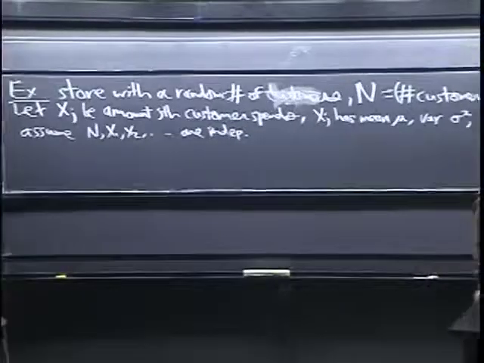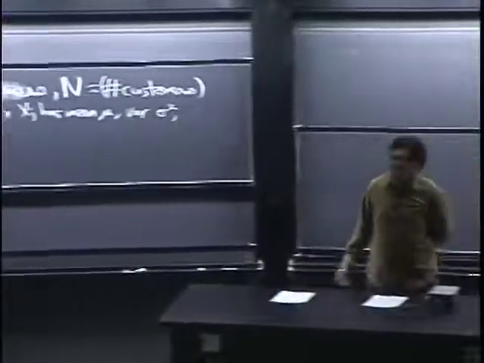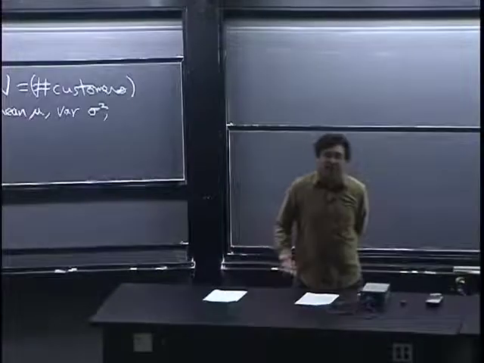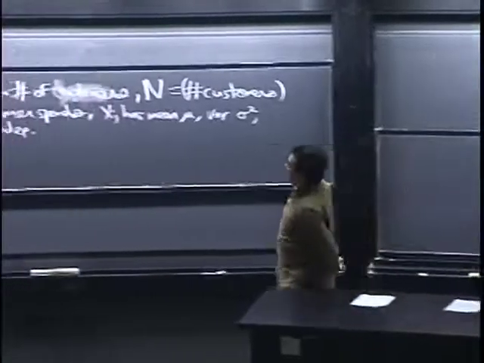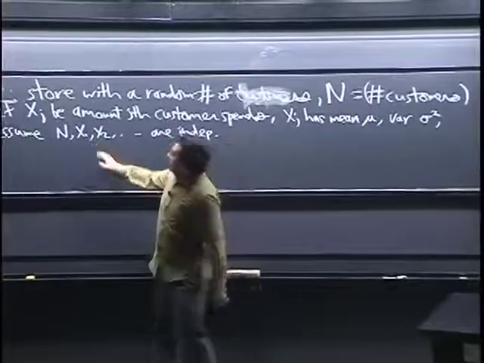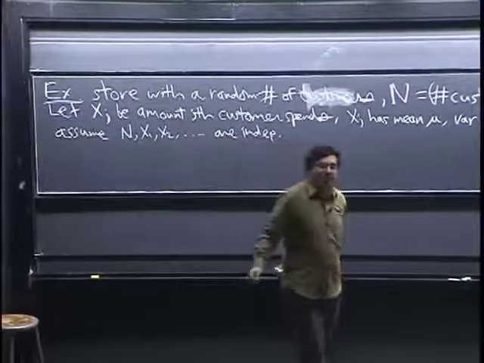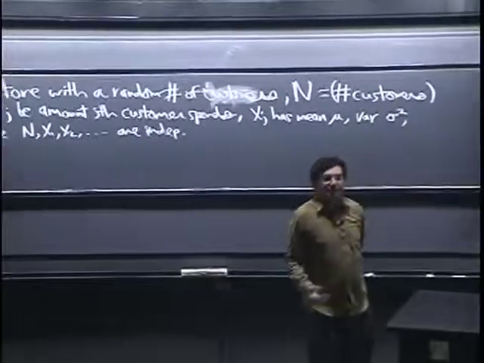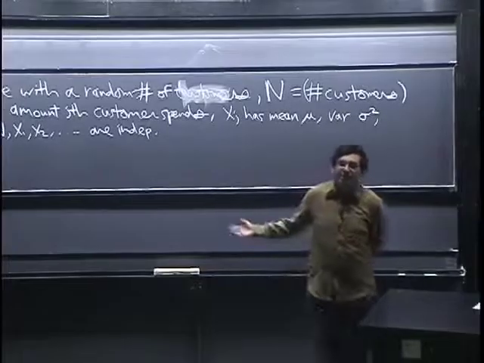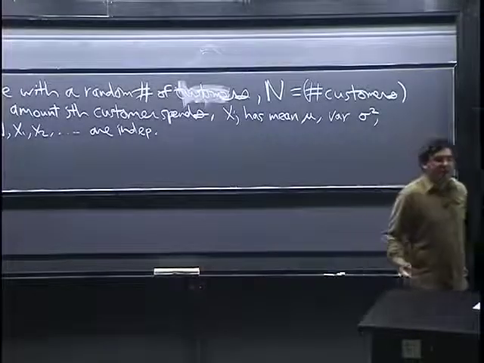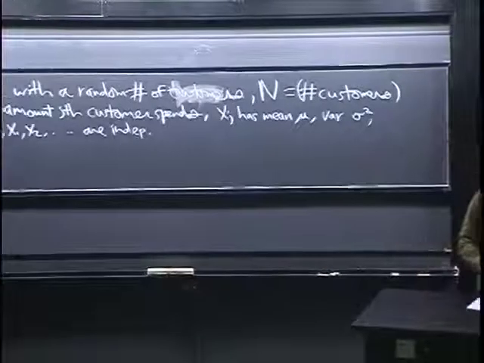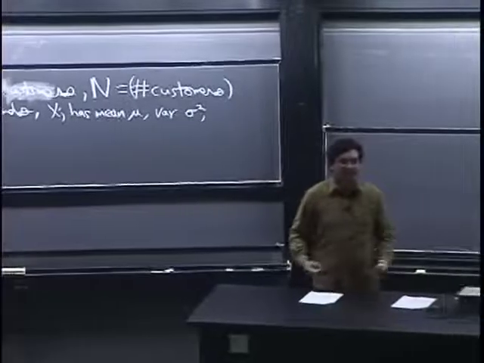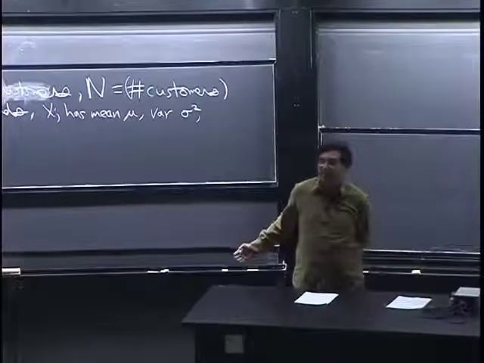So we're not necessarily assuming that the x's are IID, but we are assuming that they're independent. It's not like the second customer sees how much the first customer spent and wants to spend more than that person, or they come in in groups, in families, and decide together. They're just independent customers.